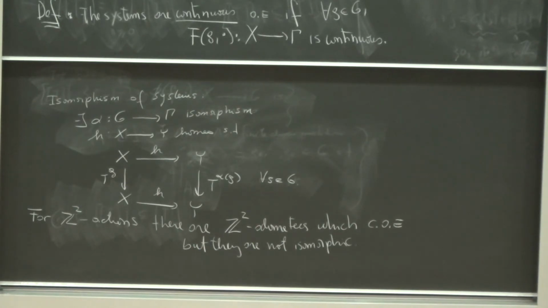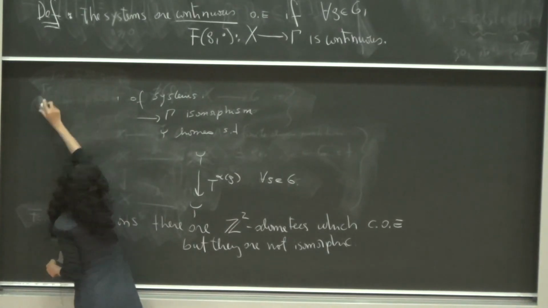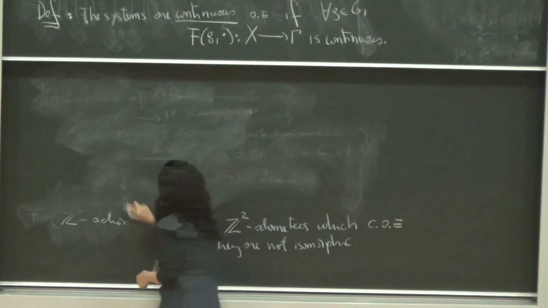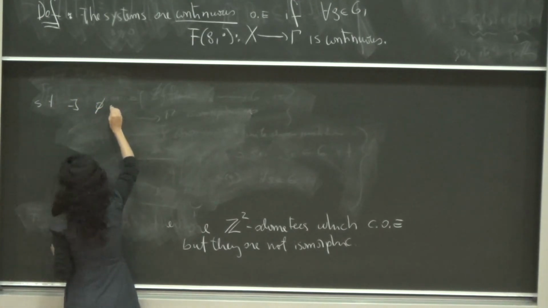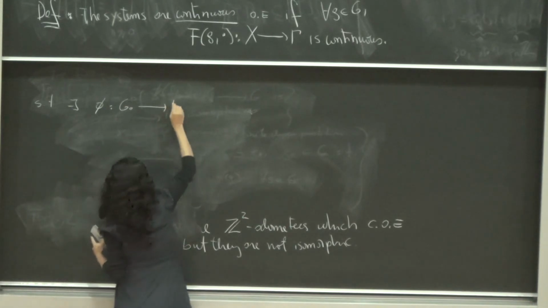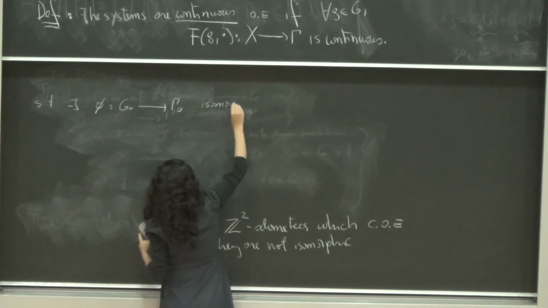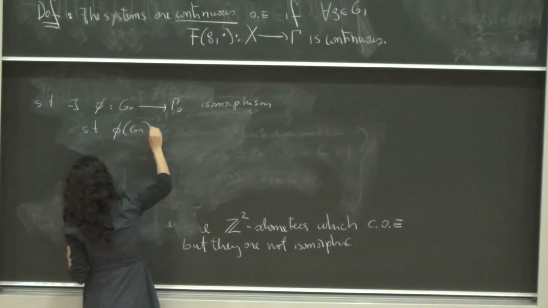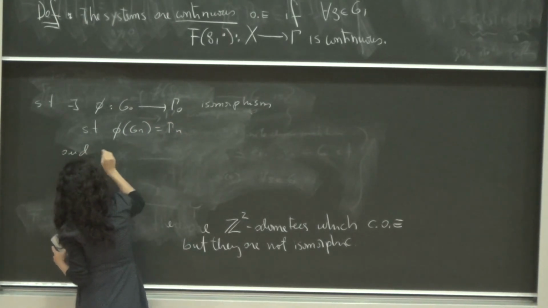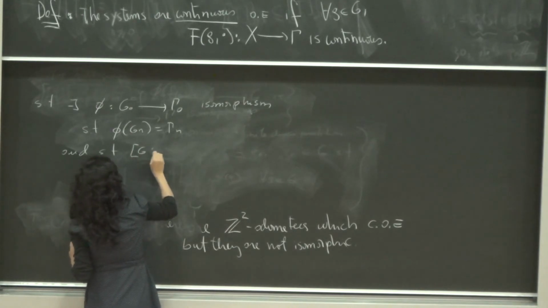So to be continuous orbit equivalent for odometers is equivalent to have a representation Gn for the first one, a representation gamma n for the second one, such that there exists an isomorphism from G0 to gamma 0 that sends the group Gn to gamma n and such that the index of G0 is equal to the index of gamma 0.